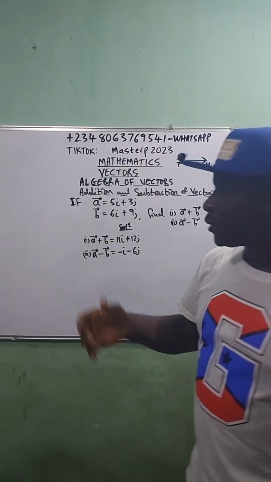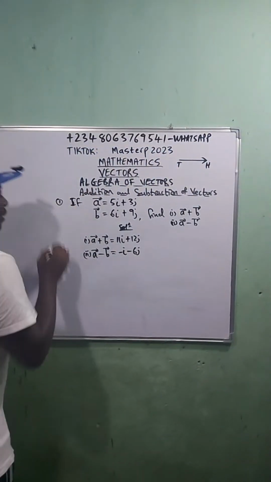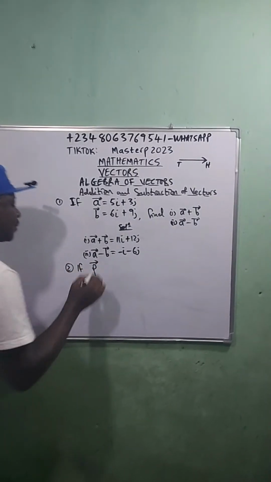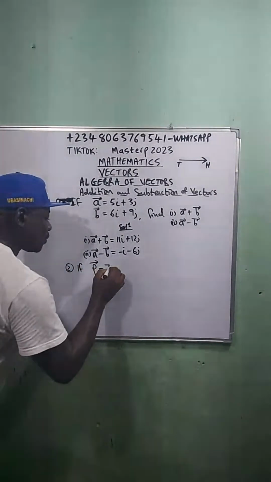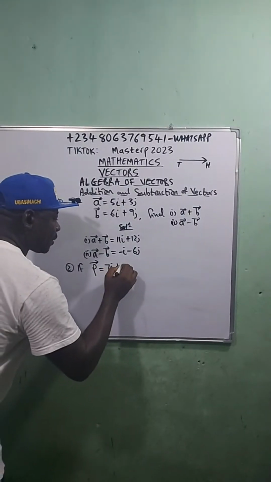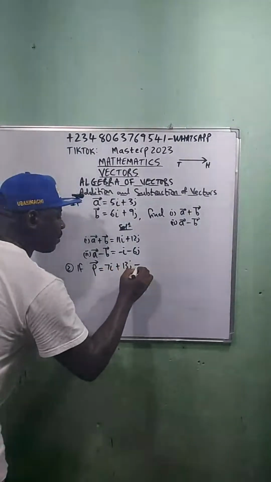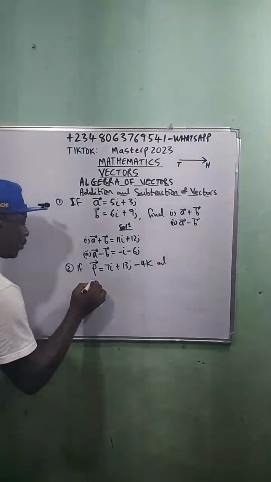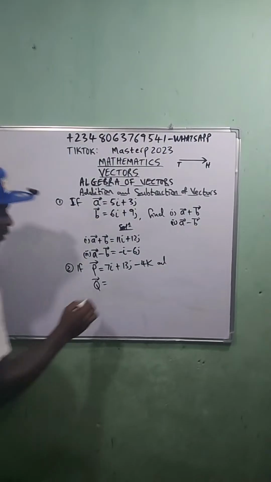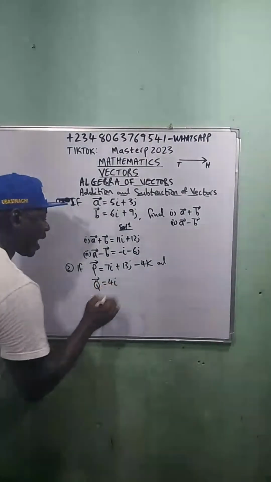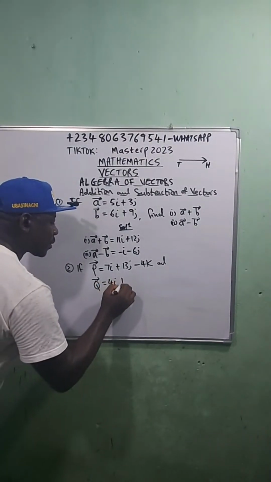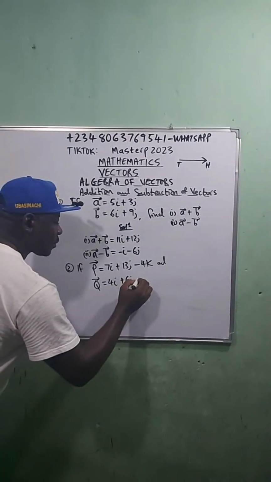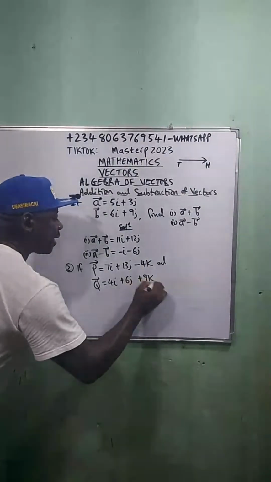There are also three-dimensional vectors. Let's say we have P equals 7i plus 13j minus 4k, and the vector Q equals 4i plus 6j plus 9k.